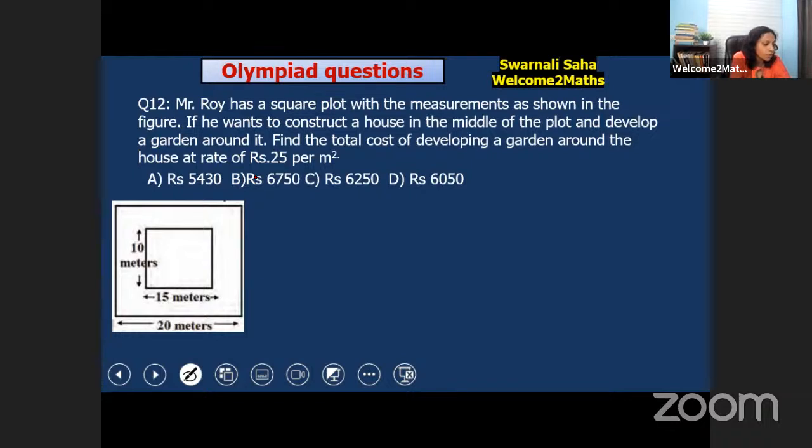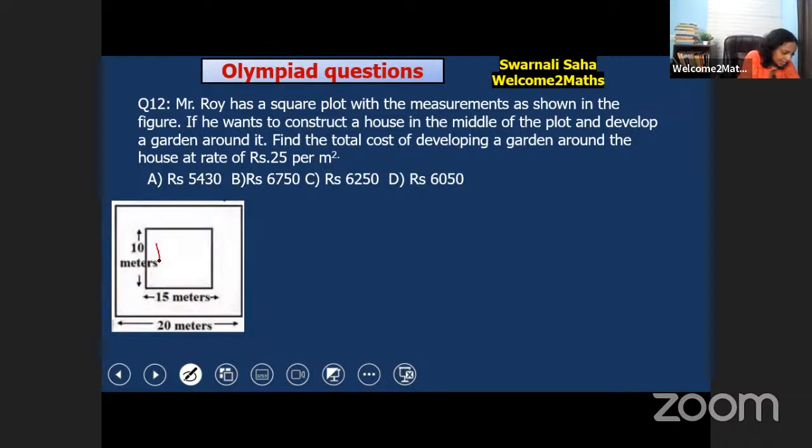Now, if he wants to construct a house in the middle of the plot and develop a garden around it, find the total cost of developing garden around the house at rate of rupees 25 per meter square. Wow, so fast. Good, very good.